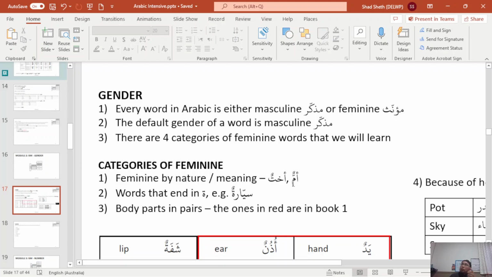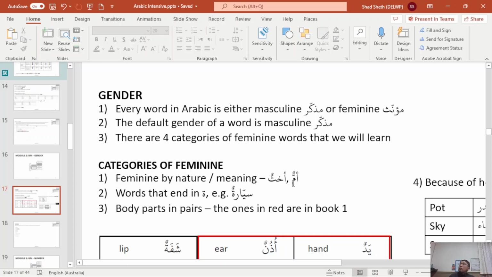We have also learned about words that end with ta marbuta, for example sayyaratun and haqibatun. Those are the 2 we have been using in the last few lessons. Those 2 words end with ta marbuta, so the gender of the word is feminine.